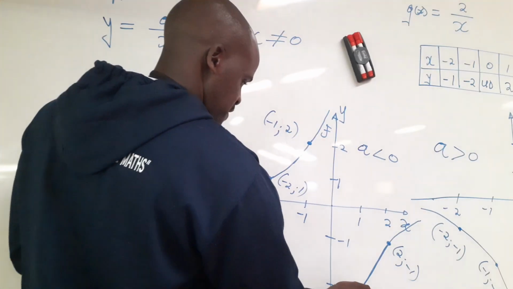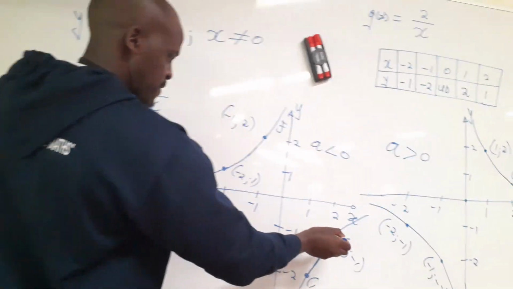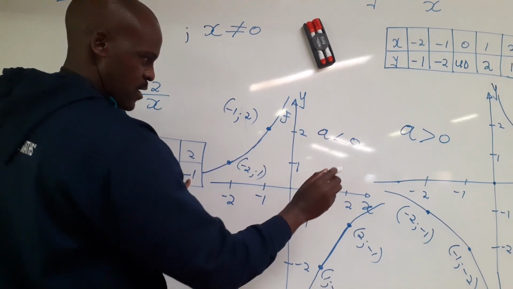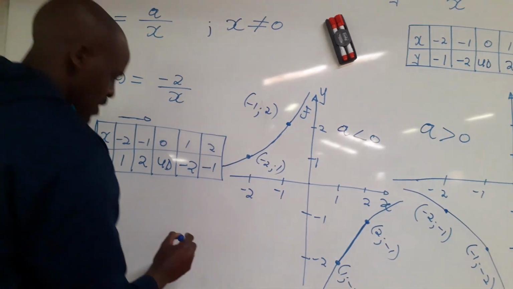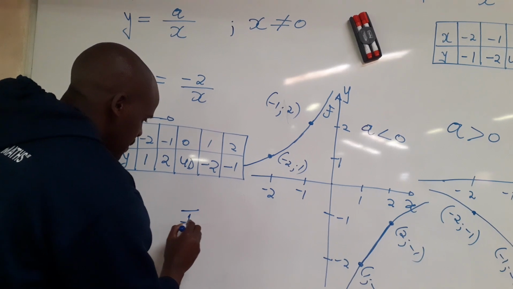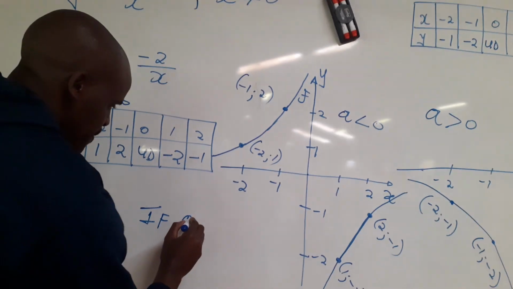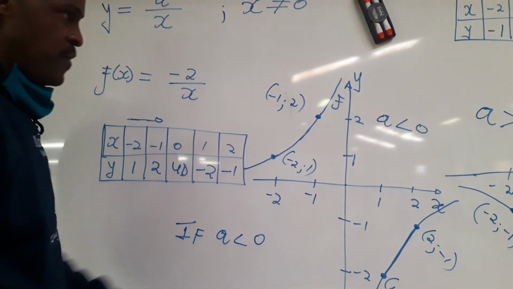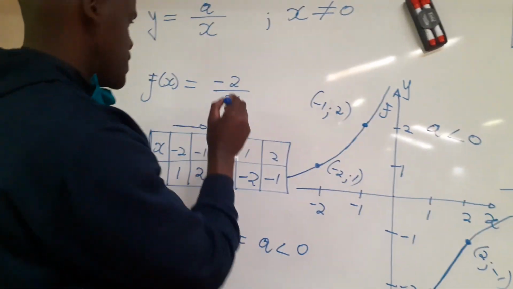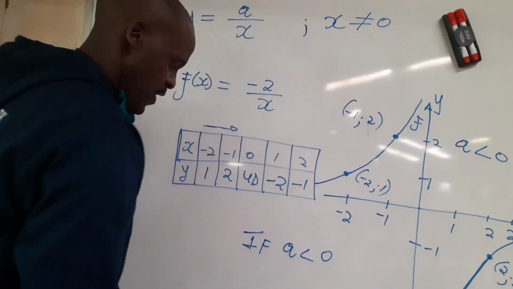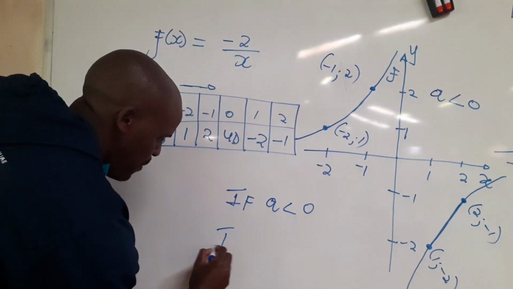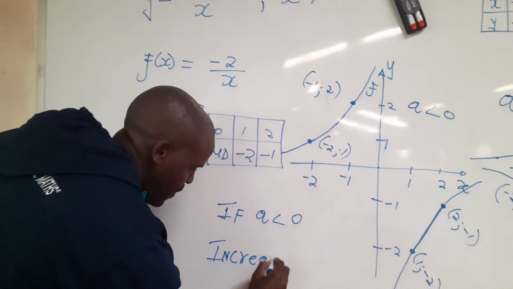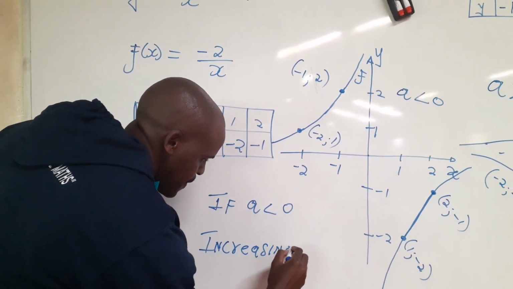So from negative 2 to negative 1, we are increasing. That means if a is less than 0, as you can see, a is negative, the hyperbolic function will be increasing. That's an increasing function.